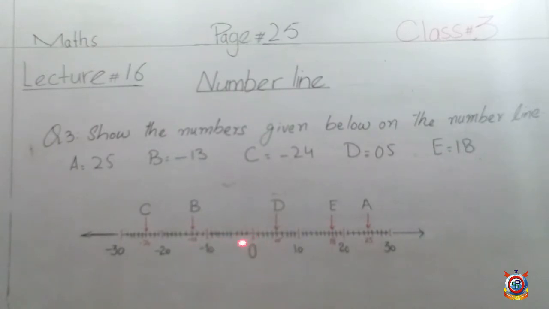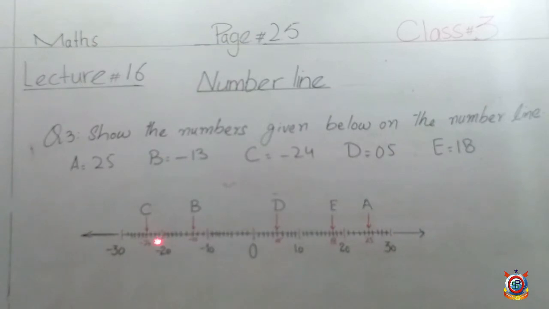And look here to the left side. We will start from minus 10, minus 11, minus 12, minus 13. Point B is on minus 13. Then minus 14, minus 15, minus 16, minus 17, minus 18, minus 19, minus 20.